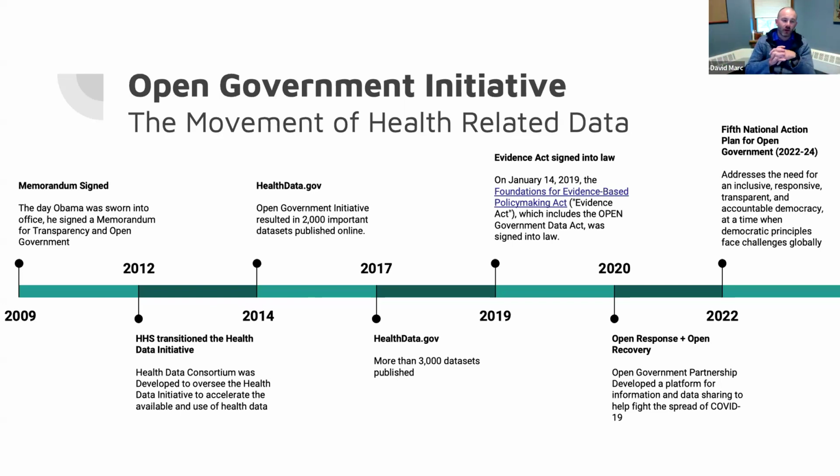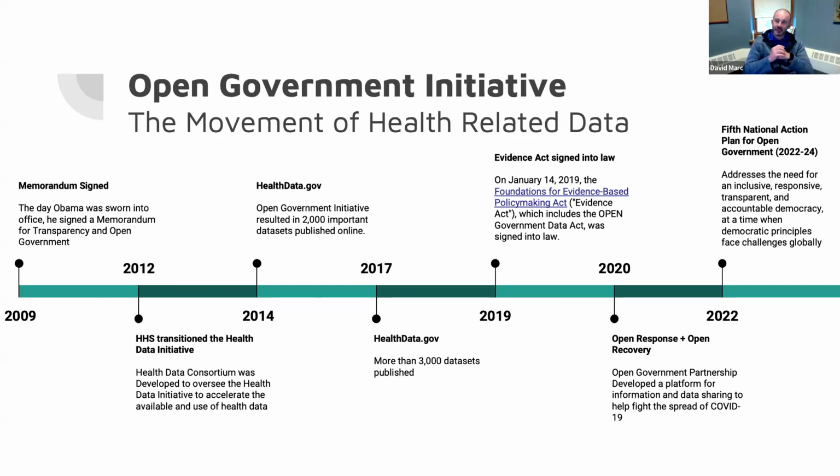In 2012, the Health Data Consortium was developed to oversee this health data initiative to accelerate the availability and use of health data, and that's how healthdata.gov was adopted. Then in 2014, healthdata.gov resulted in about 2,000 important data sets being published online. In 2017, there were about 3,000 data sets published up to that point.